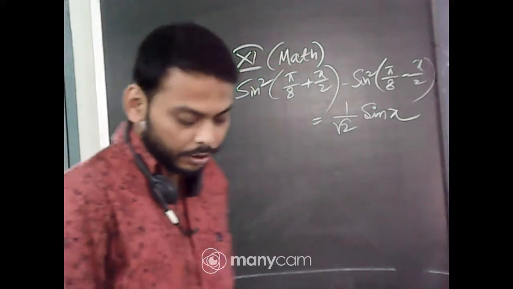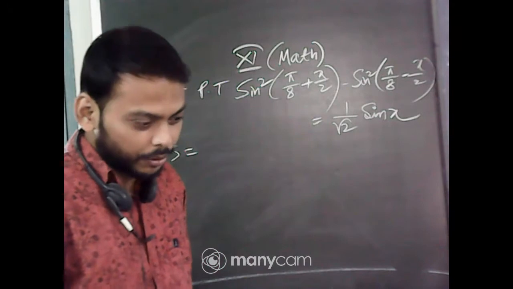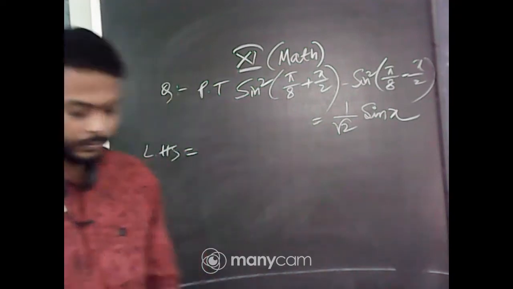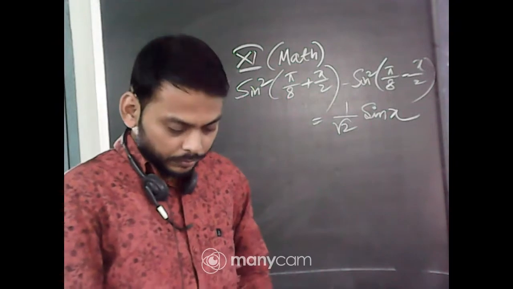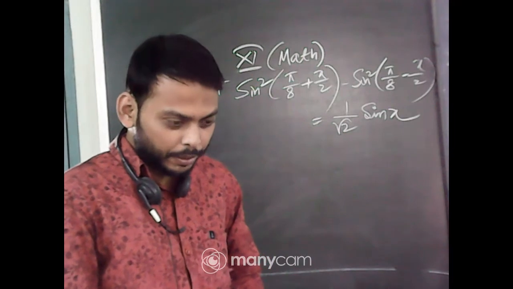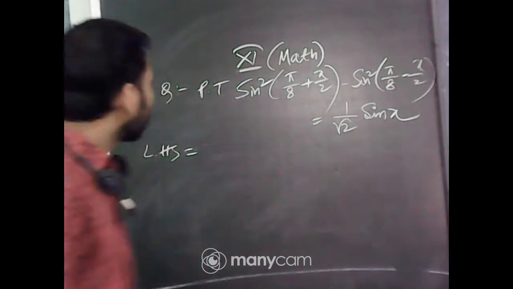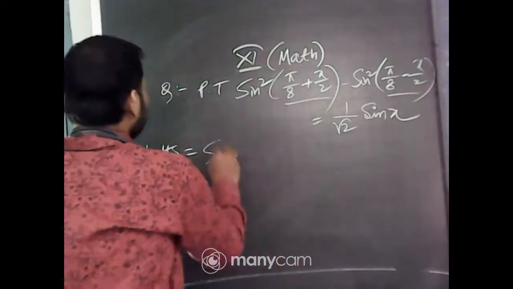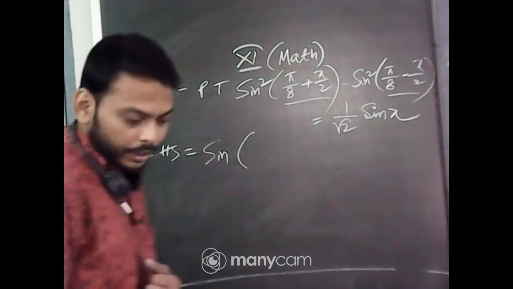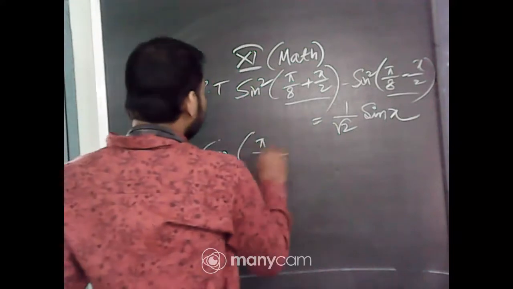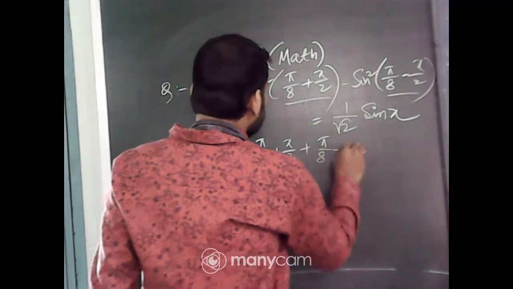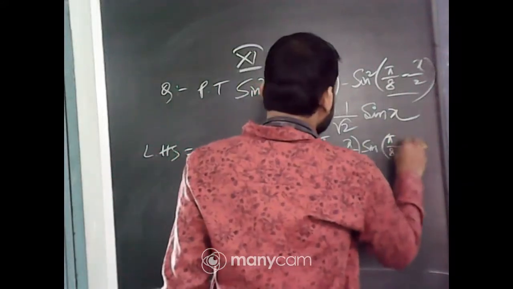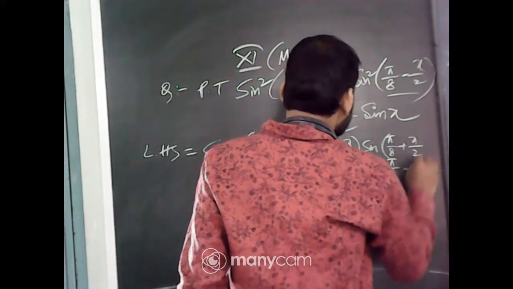Use the formula sin square A minus sin square B equals to sin of A plus B into sin of A minus B. So here take pi by 8 plus x by 2 as A and pi by 8 minus x by 2 as B. So it can be written as sin of A plus B into sin of A minus B. So sin of pi by 8 plus x by 2 plus pi by 8 minus x by 2, into sin of pi by 8 plus x by 2 minus pi by 8 plus x by 2.